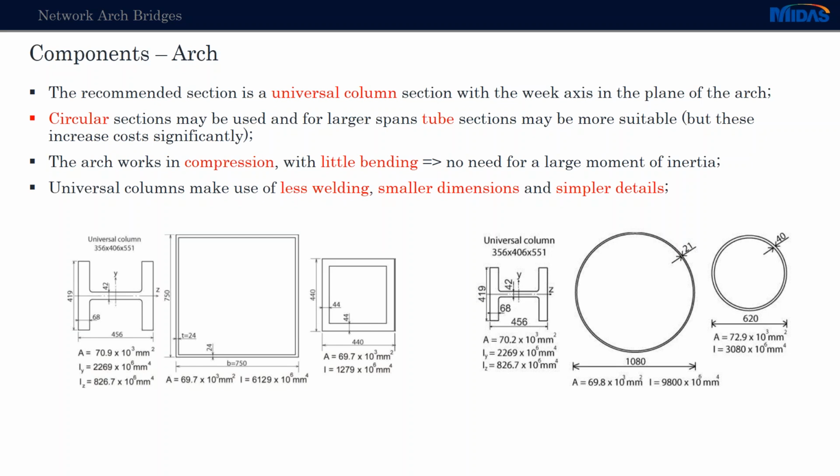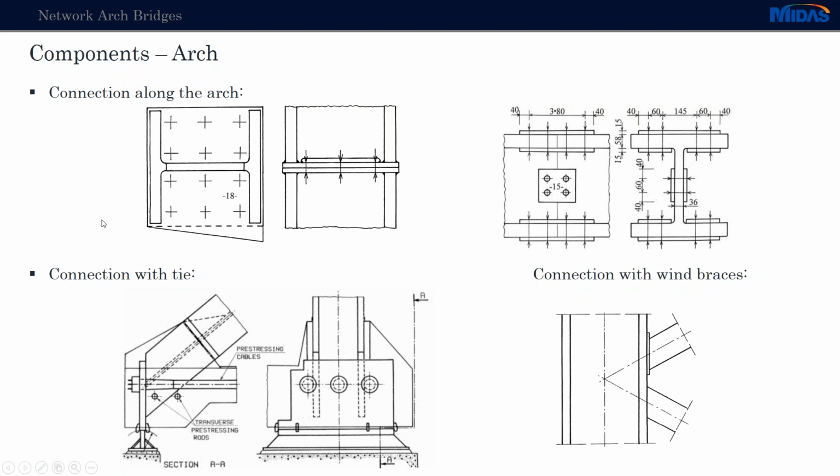Also, using a universal column decreases, as I said before, the dimensions. The details are much simpler for this type of section, and also we need fewer welds. It is also much easier to install everything on this type of section. And when it comes to the connections along the arch, they can be done very easily with bolts.